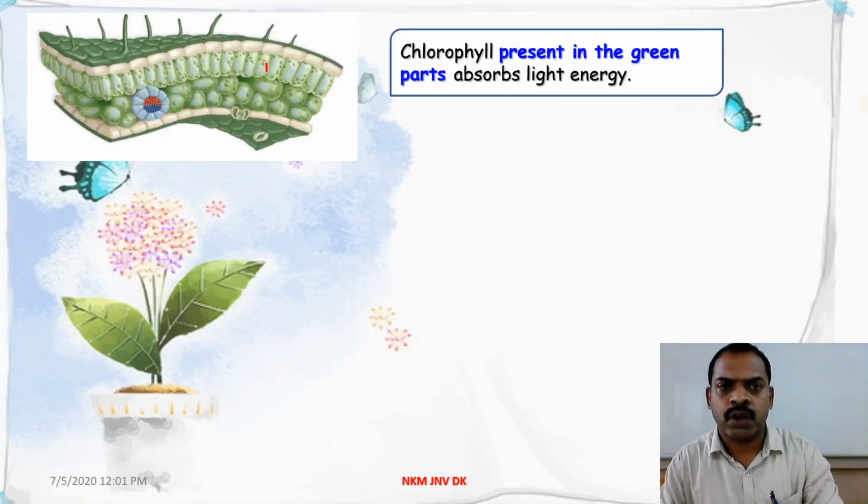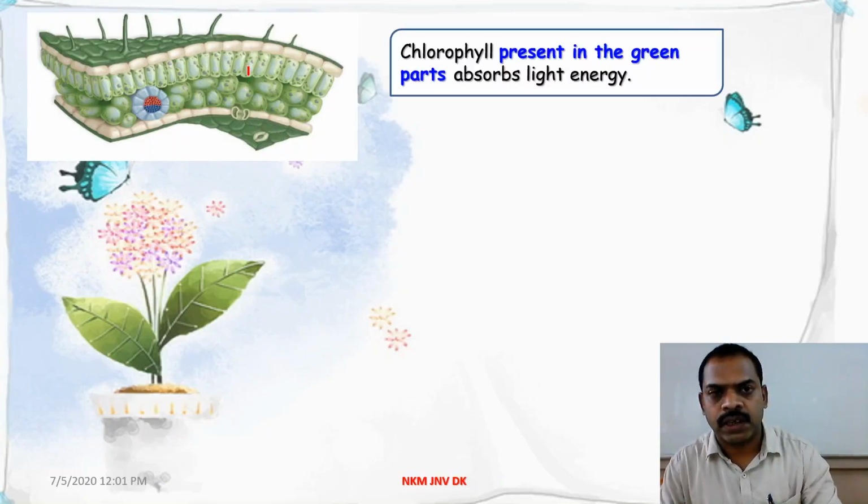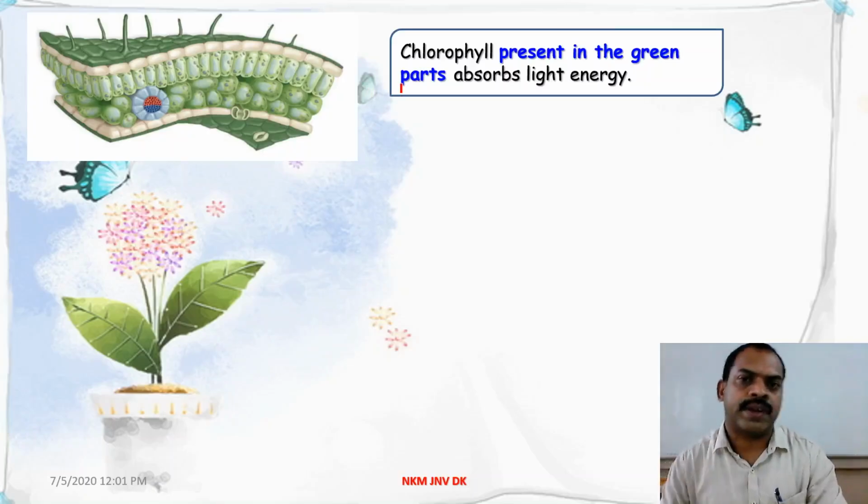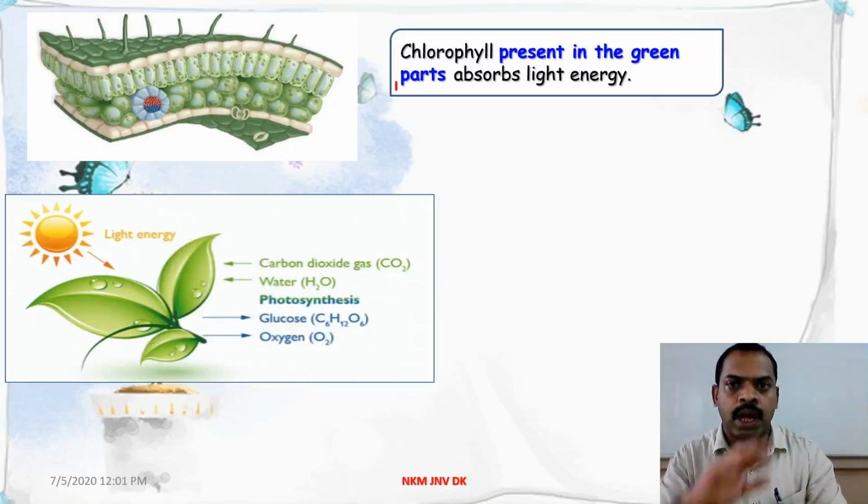Here it shows a cross section of a leaf, in which the palisade parenchyma and spongy parenchyma we discussed last year. We can see the green dot like structures. These are the chloroplasts, containing the pigment chlorophyll. This chlorophyll is responsible for absorbing the light energy.